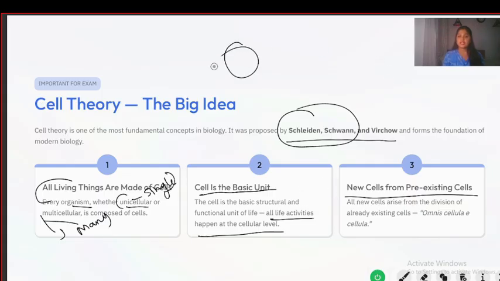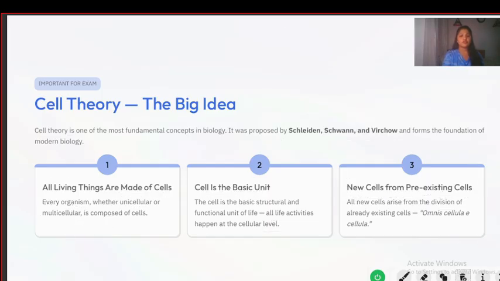So for example, if this is a cell, new cells will arise from this previous cell only. They are not forming by their own. They are forming from this previous cell itself. So what did they give in the theory? New cells arise from pre-existing cells. Okay. So this is a very important part which you have to remember, which is very essential also.